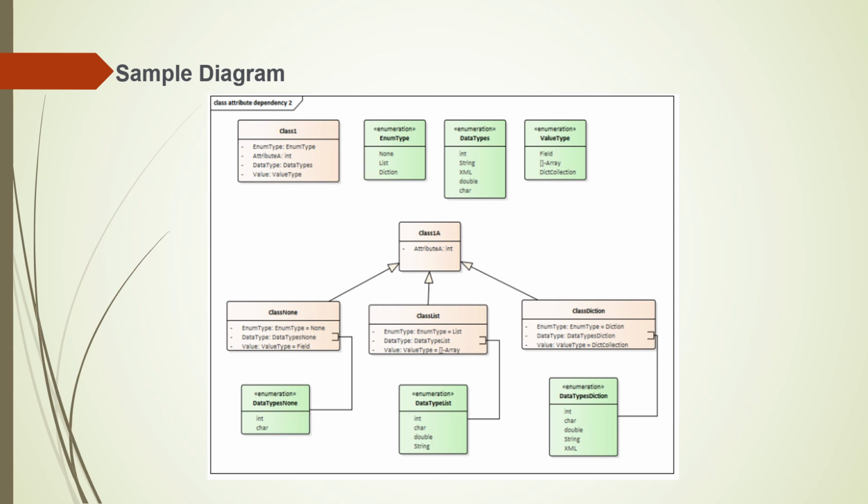And the data types distinction: integer, character, double, string, XML. So basically, those lists can also be put in a text box of the application. To summarize, enumeration is part of a class. It is pointed to by attributes or a method.